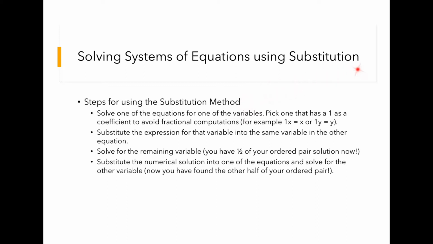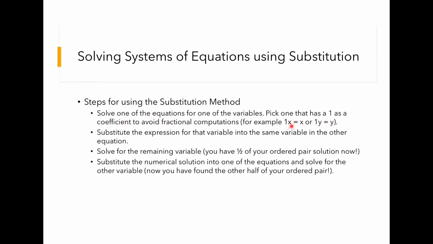In terms of steps, when we use the substitution method, the first thing we want to do is pick one of the equations and one of the variables that we're going to solve that equation for. What we want to look for in the two equations that we have, generally it's two, is the equation that has a variable term with a 1 as a coefficient.